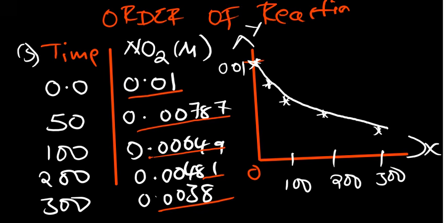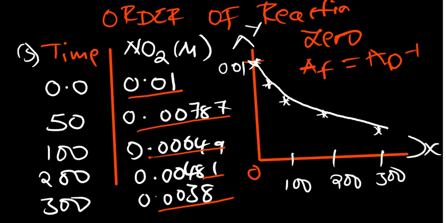If it gives you a straight line in this case, then you can make a conclusion to say what you have is a zero order reaction, because this is the one that we are looking at in terms of just the concentration itself without anything else. Okay, so that is the way you are supposed to work it out.